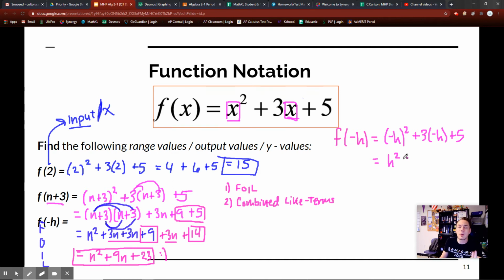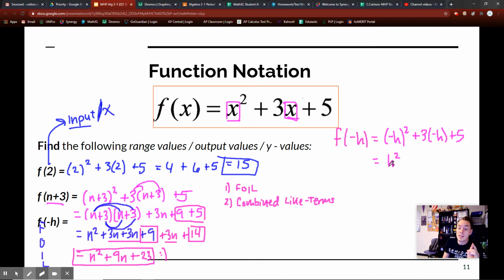Now, some of you are wondering, well, why don't you just have h? Well, because I don't know what h is, and I definitely don't know what h squared is. And so I don't put just h here because the squared doesn't do anything. It would do something if it was a number, but since it's a variable, it doesn't do anything.